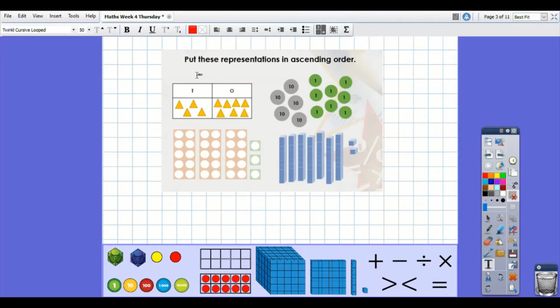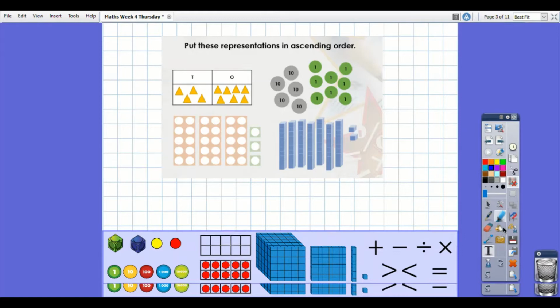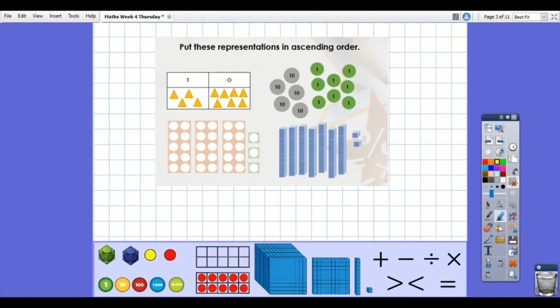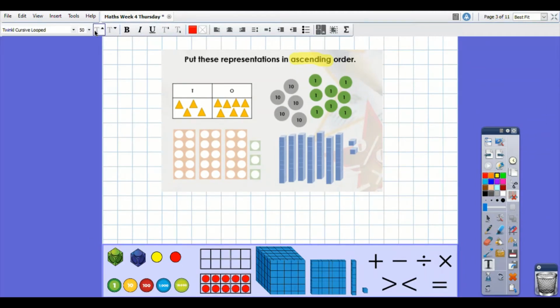Okay, so put these representations in ascending order. Now we need to know that ascending, this word here, means from smallest to biggest, okay? So I'm just going to write a little reminder. Smallest to biggest, okay?